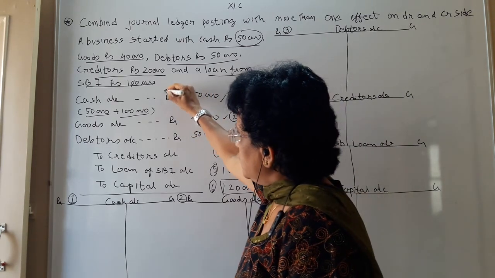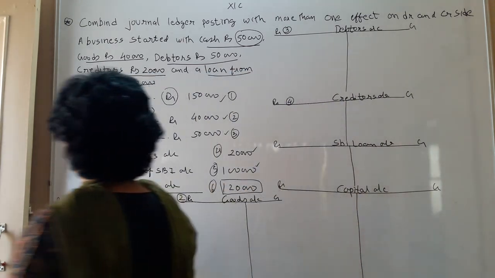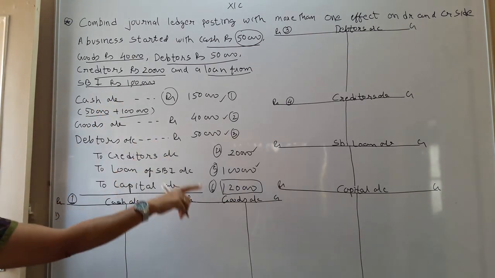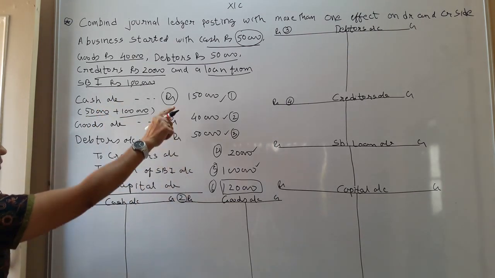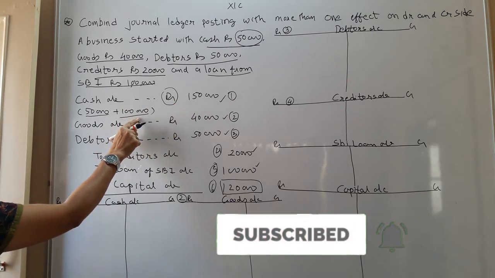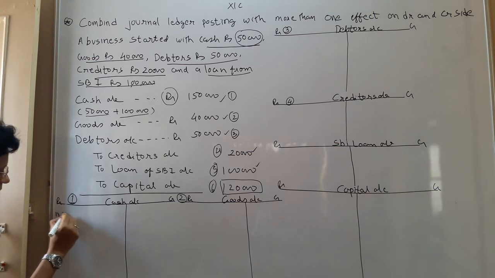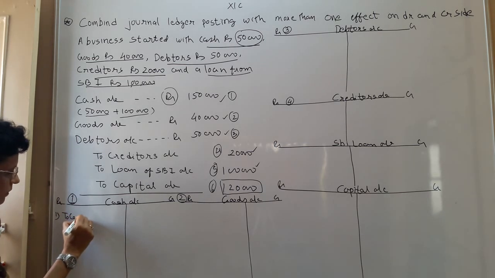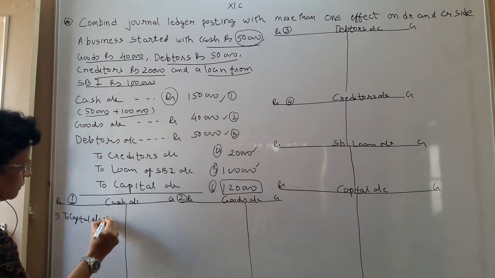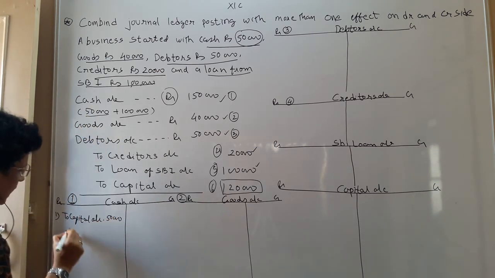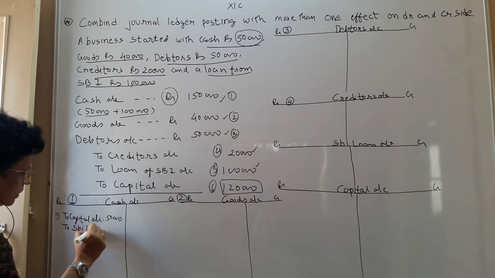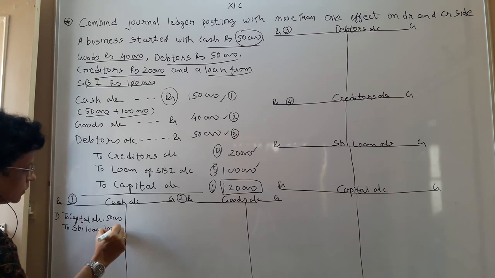In the cash account you have to go to the debit side. Write down on the debit side of the cash account the money that has come into the business, total 1,50,000. How has the 1,50,000 come? Number 1, to capital account: your owner has given you 50,000, and also you have got a 1 lakh rupee loan from SBI.